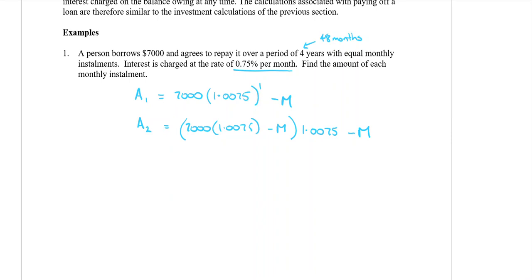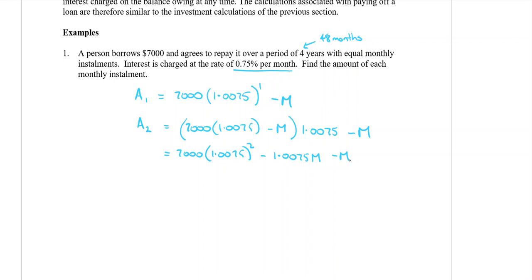So I'm going to multiply this 1.0075 into the two terms inside the bracket. When I multiply it by the first one, I get 7,000 times 1.0075 squared. When I multiply it with the M, I get minus 1.0075 M, and then my other minus M sitting on the end.